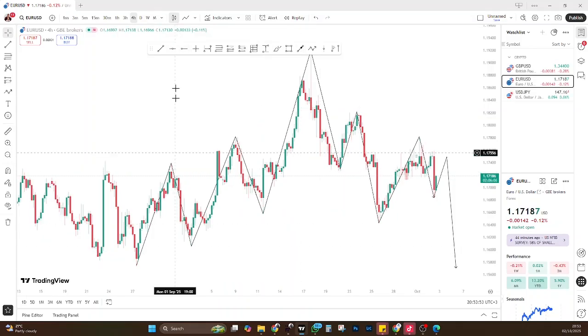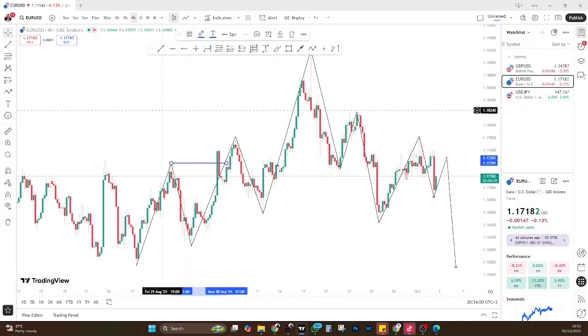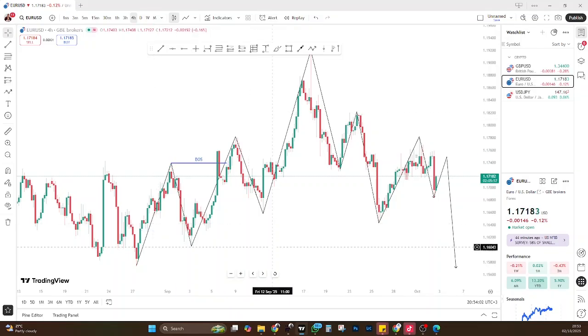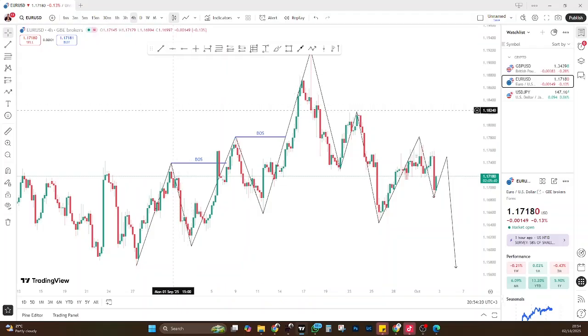So look at this. This is what we call a break of market structure, a BOS. Okay, because this move broke the previous high. This is also a BOS, because this move broke the previous high.